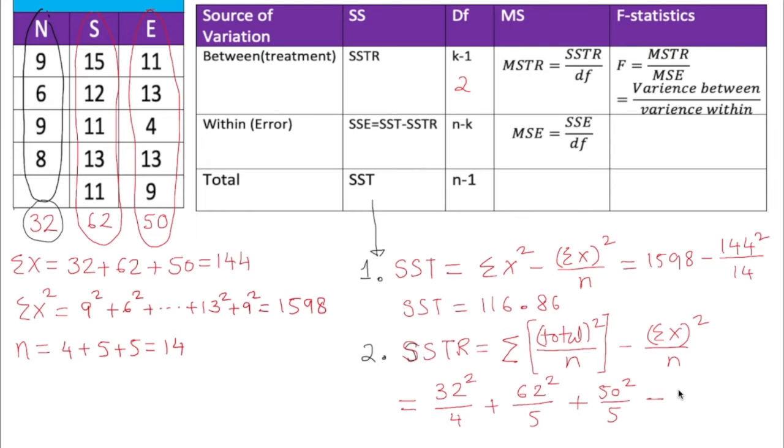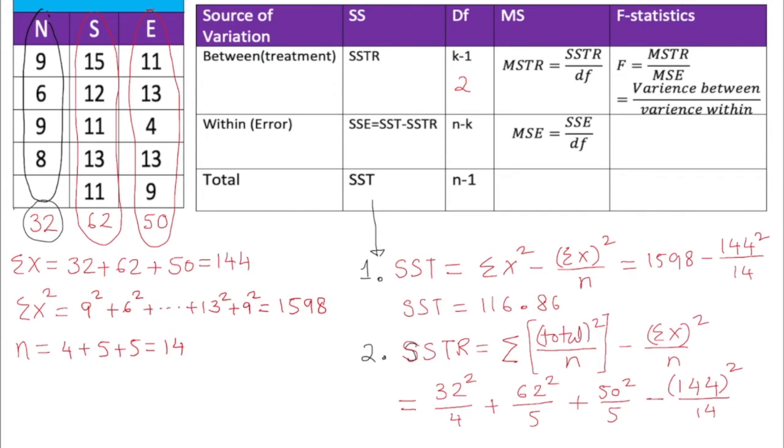So 144 over n, in this case 14, and of course 144 is squared. Okay, so I did it ahead of time and I found that it is 43.66. So what is that? This is SSTR.